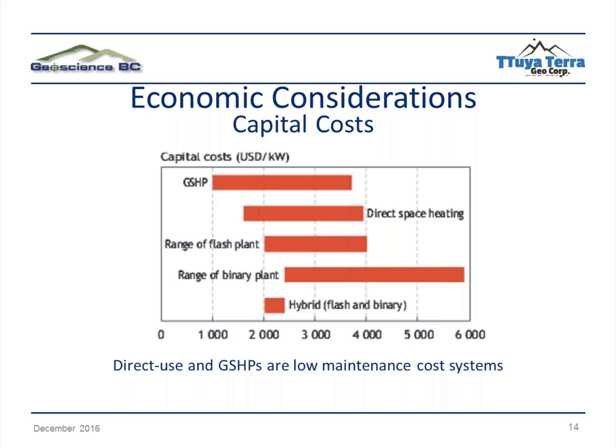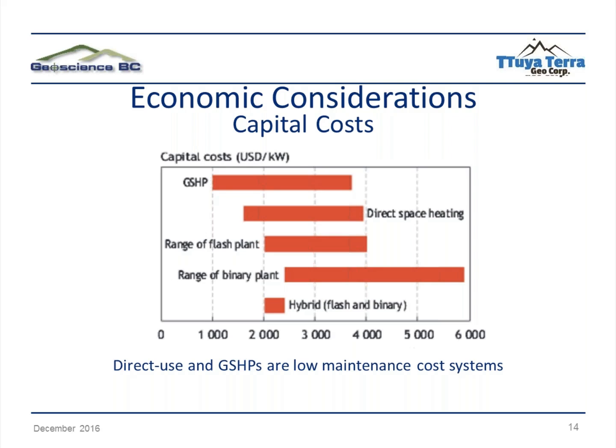So this is the maintenance. So we've built our system, and now we need to maintain that system. And you can see that there's a very wide range here. The ground source heat pumps have a wide range, and that depends on essentially what our project parameters look like.